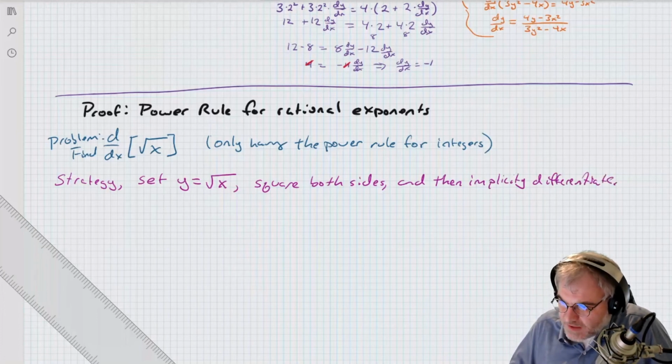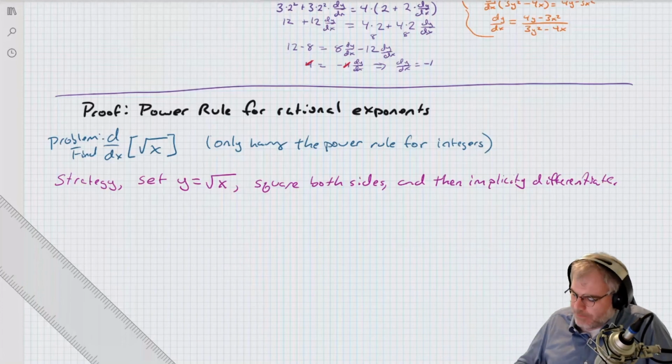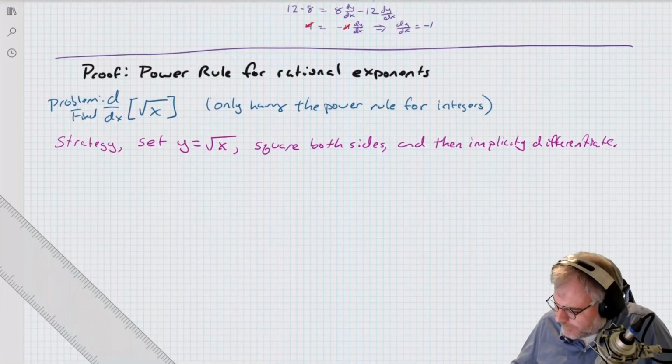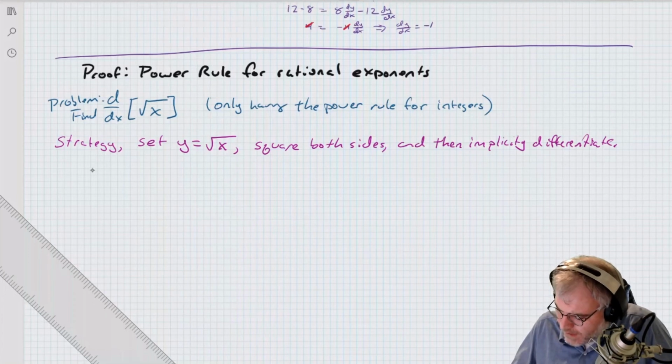Okay? This is very slick. So y equals the square root of x, and that gives me that y squared equals x.